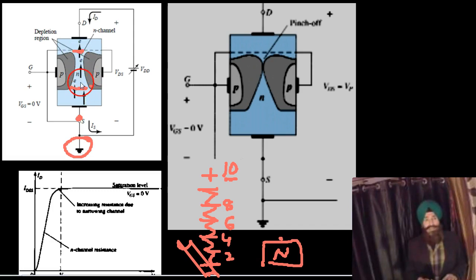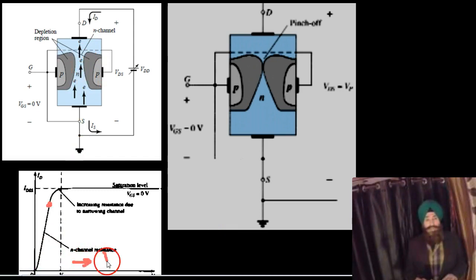Reverse biasing is increasing from source to drain because of the establishment of the potential as a result of the flow of drain current. So that's why it is wider towards the drain and less towards the source, like this.